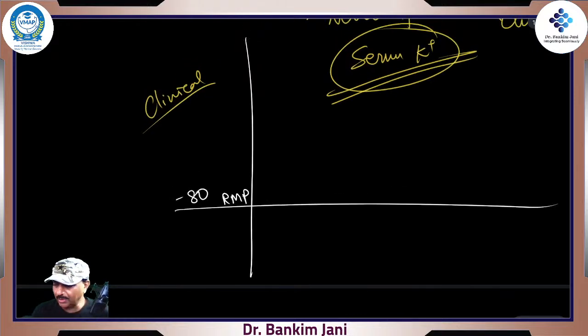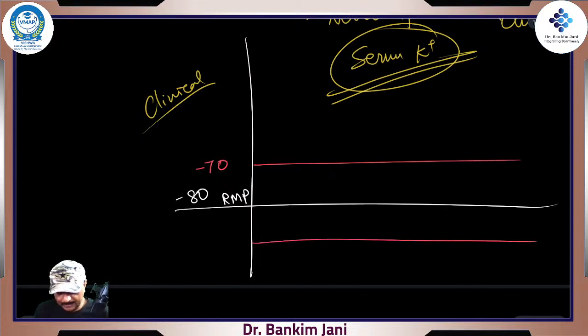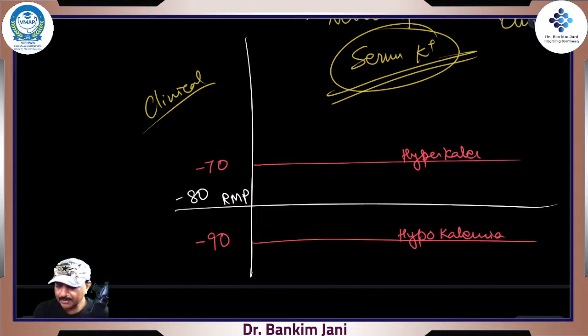So this is the normal RMP. Now the new RMP, let's say, is at minus 70. Just for the explanation, this is minus 90, and this was because of hypokalemia, and this one is now because of hyperkalemia. Makes sense? And let's say our threshold is minus 65.